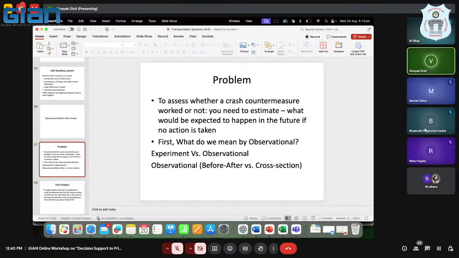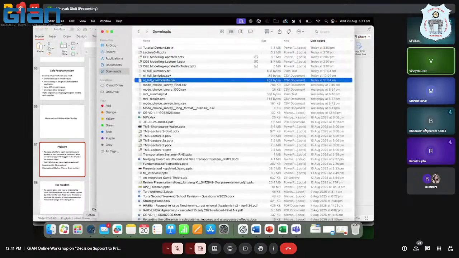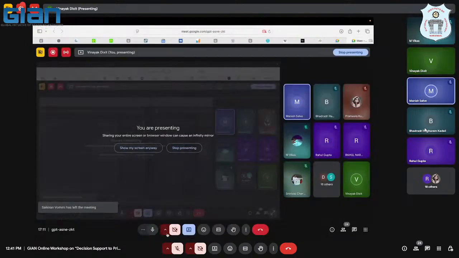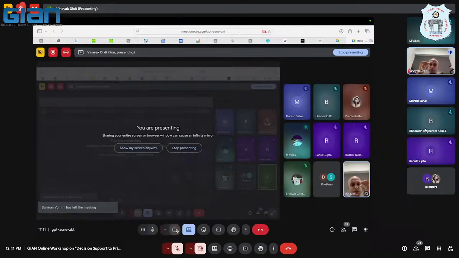So if you're looking at a four-legged intersection with four-lane roads on each of the approaches, you have another one with four-lane approaches, and the only thing you have changed between those two is the amount of all-red time. Am I making sense so far? Yes, sir.